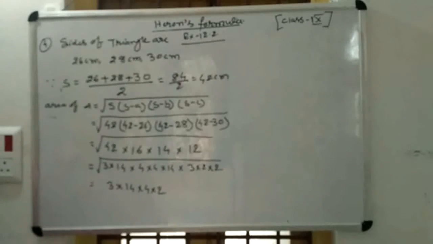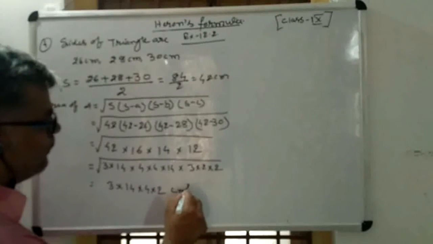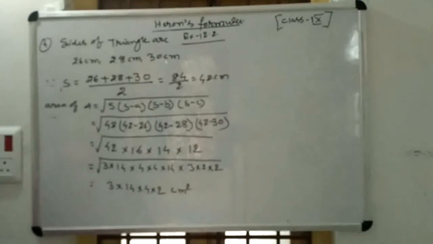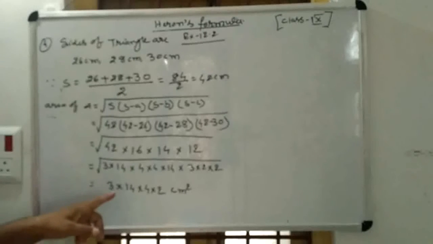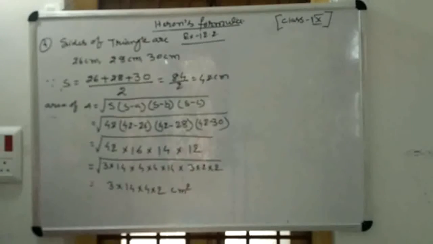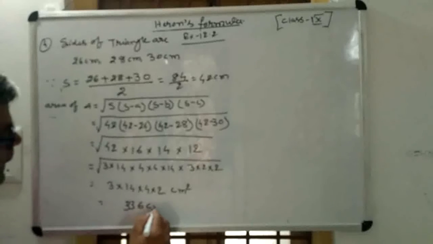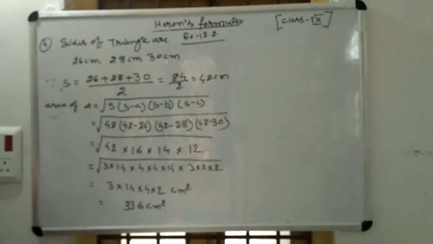So this is the area of the triangle. When you multiply, you will have 14 into 4 is 56, 56 into 6. So 56 into 6 will be 336 centimeter square, which will be the area of the triangle.